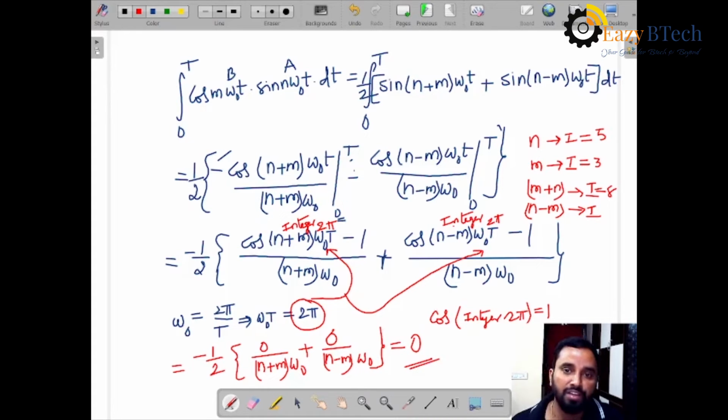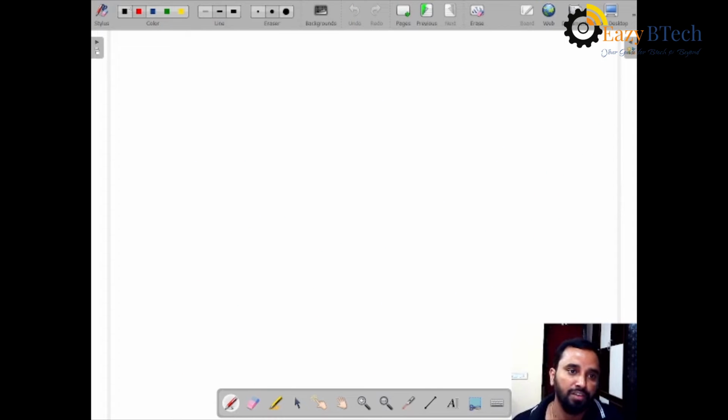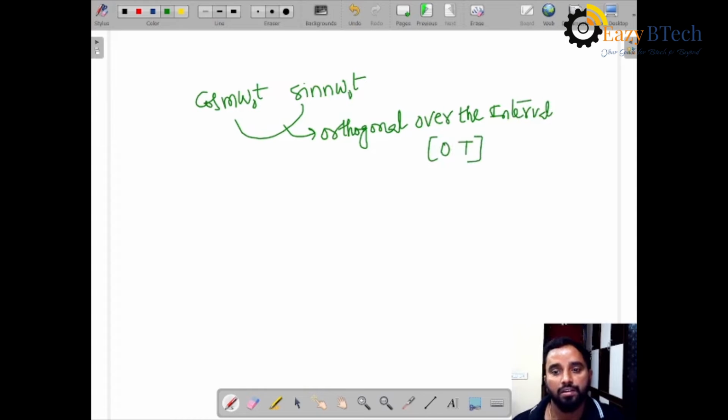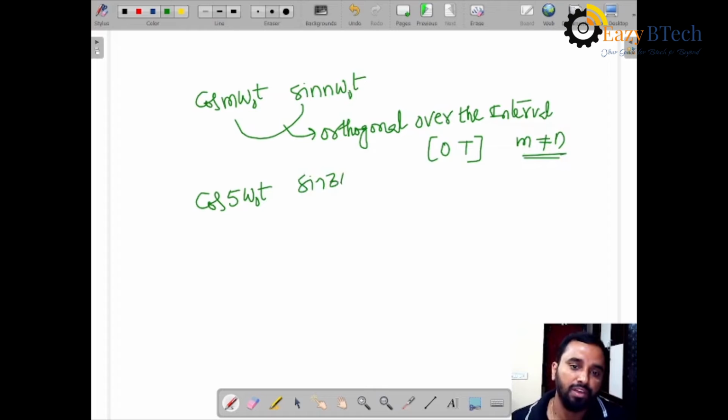right? So by this what can we say? Cos m omega naught t and sin n omega naught t are orthogonal over the interval 0 to T. For example, cos 5 omega naught t and here m and n not equal, that is the point, sin 3 omega naught t.